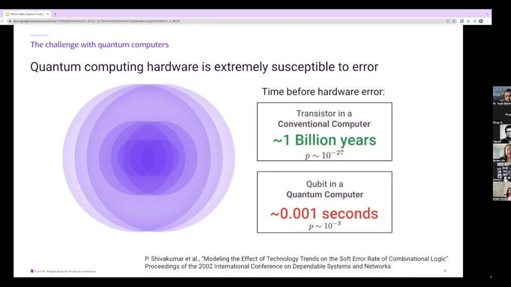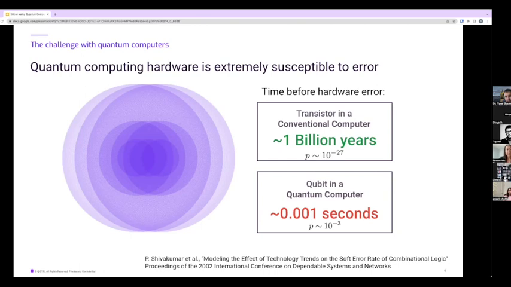Generally, across the quantum tech industry, and this is on average across the various different types of hardware I've mentioned, that time span decreases to 1/1000th of a second. So that's the amount of time that a quantum computer or a single qubit on a quantum computer can go before experiencing some form of noise.